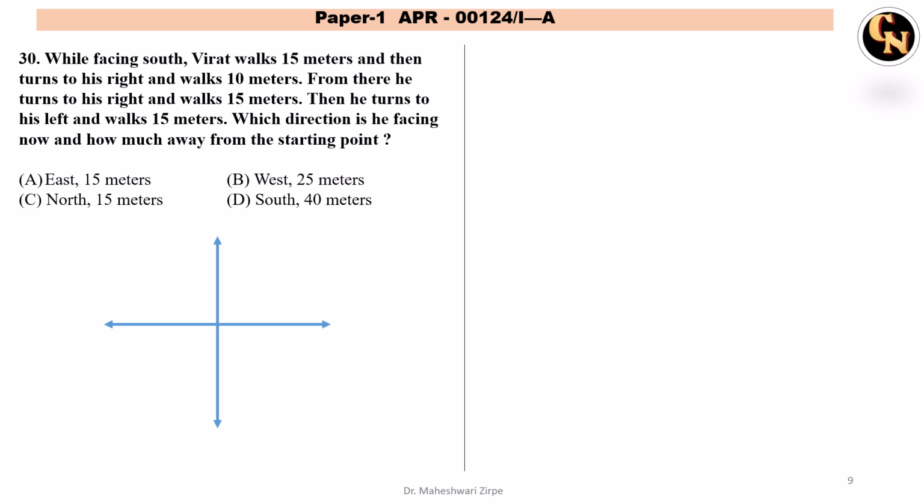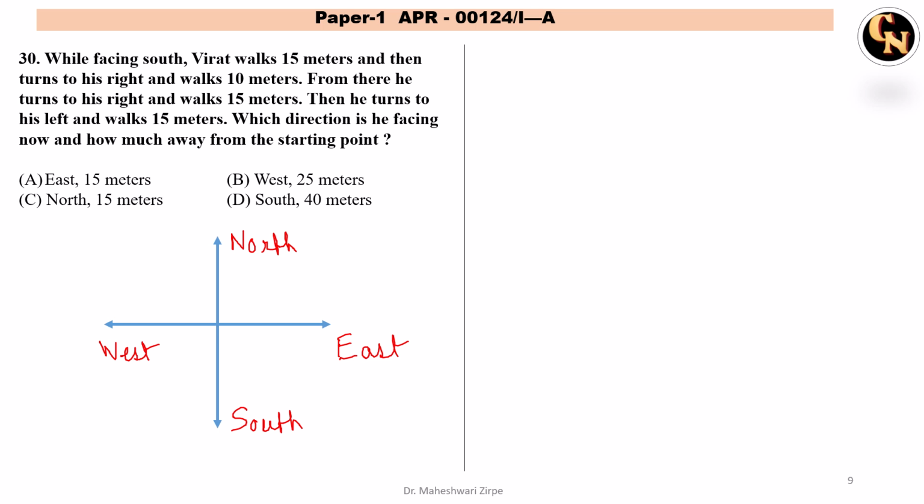Always on paper we can show the upward arrow as north direction, south we know that, then right hand side is east and left hand side is west. So these are the directions of north, south, east, west.